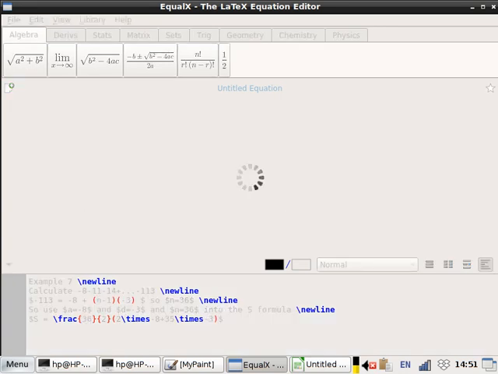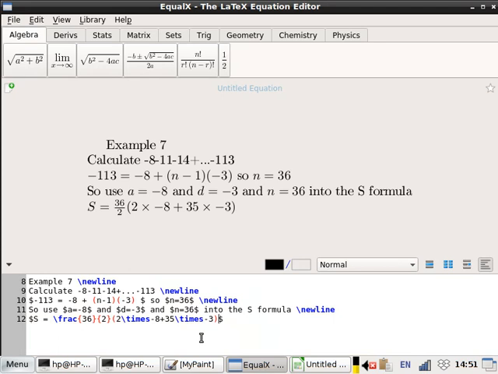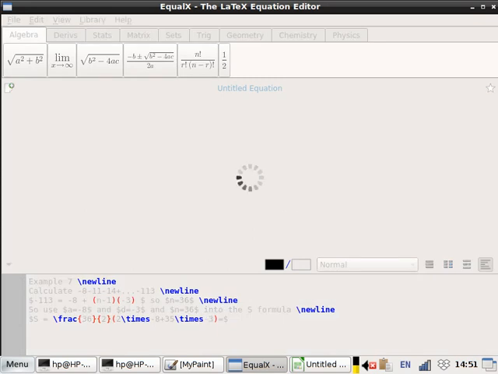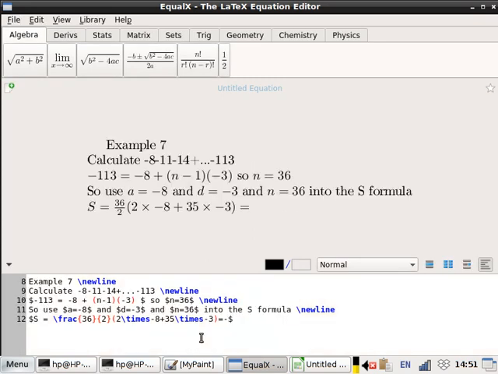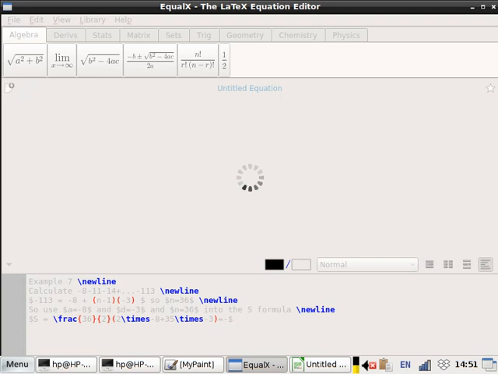Let's see. n over 2, 2a plus n minus 1 d. Yeah, looks okay. Got that? What did you get here? Minus 2178.